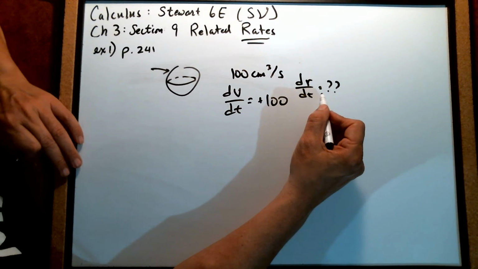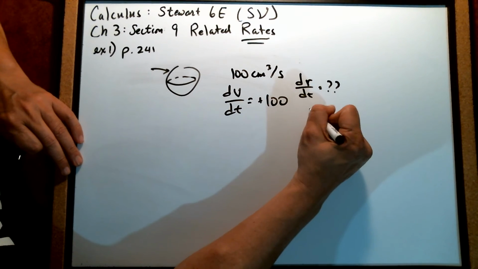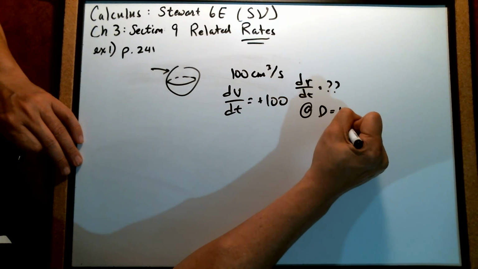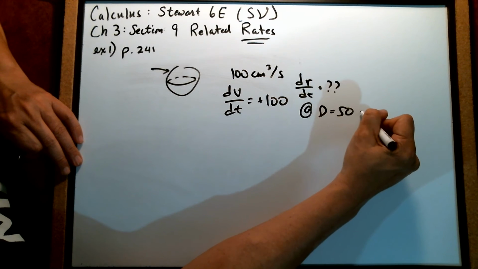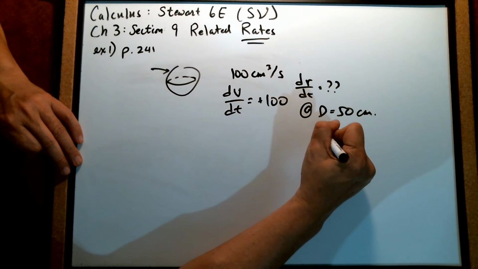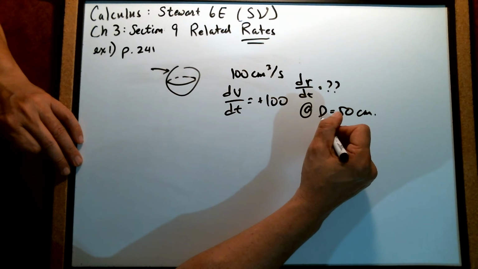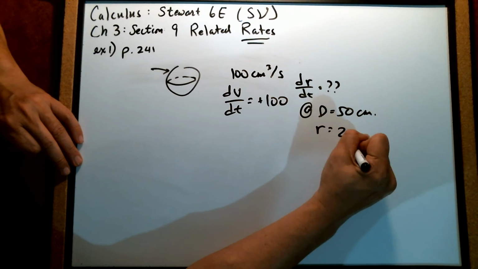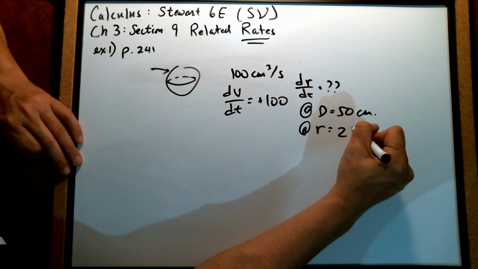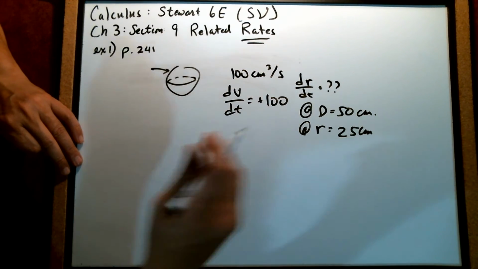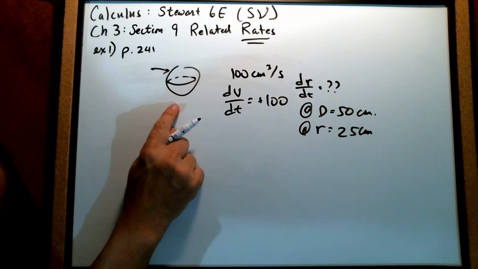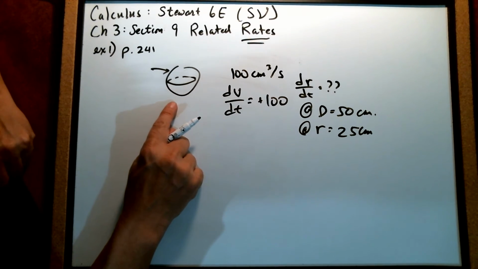When the diameter is equal to 50 centimeters, or since everything is in radius, when the radius is equal to 25 centimeters. The important thing is we need some function that we need to take the derivative of.